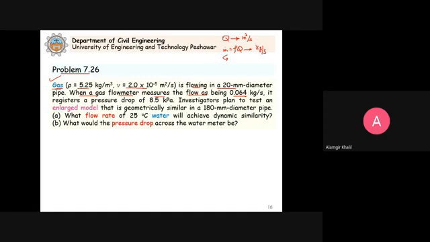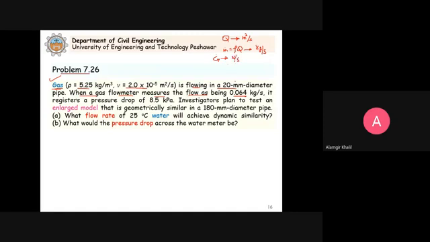So it is G dot, the weight flow rate, which is in Newton per second. Clear?